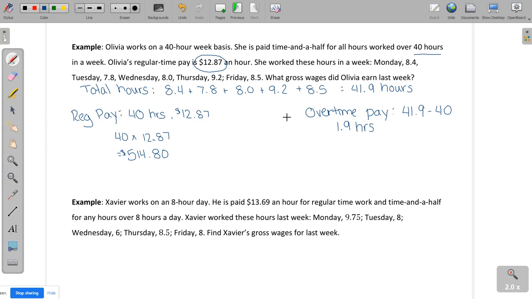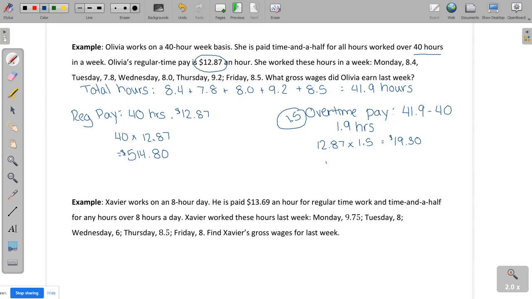Overtime is 1.5. So we need to take $12.87 and multiply it by 1.5. When we do that, we get $19.30. So she gets paid $19.30 per hour she works.